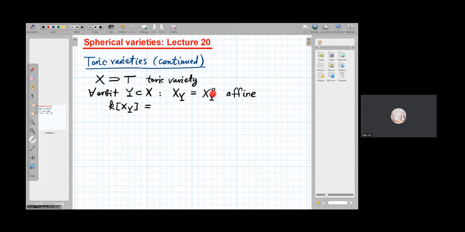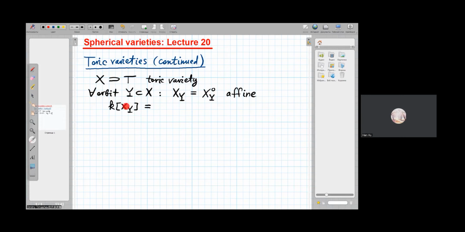It consists of all regular functions on the open B orbit which have no poles along B-stable divisors contained in this simple variety. In our case, the open B orbit is just T itself.